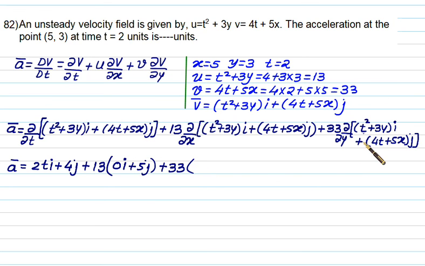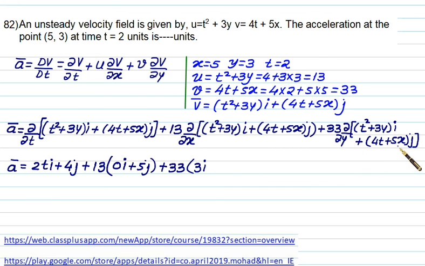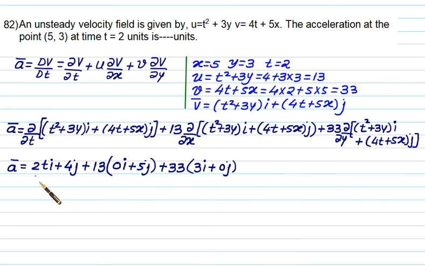Partial derivative of t² with respect to y is 0 and the derivative of 3y is 3, so 3i, and the partial derivative of 4t with respect to y is 0 and 5x is 0, so we have 0j. And in this equation we'll put t = 2. So we'll get here 4i + 4j. So it's 0i + 65j + 99i + 0j. So 4 plus 99 will be equal to 103i, and 65 plus 4 is 69j.